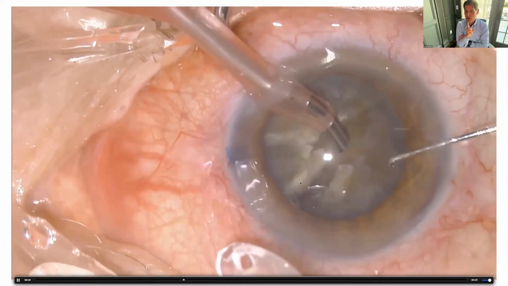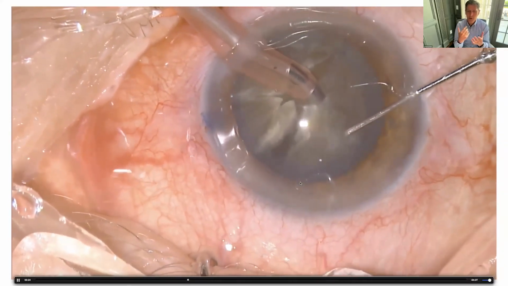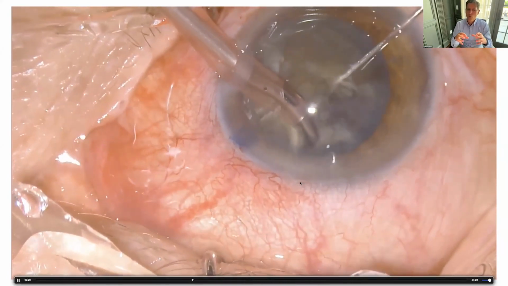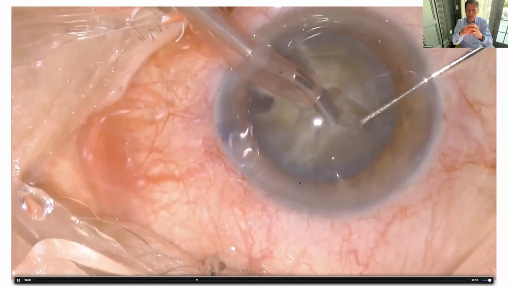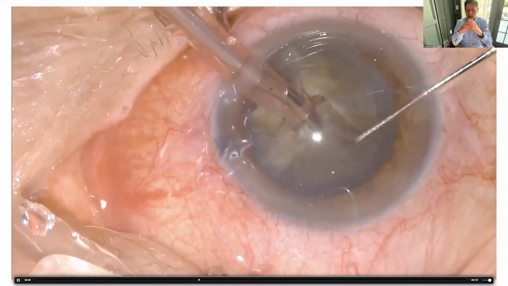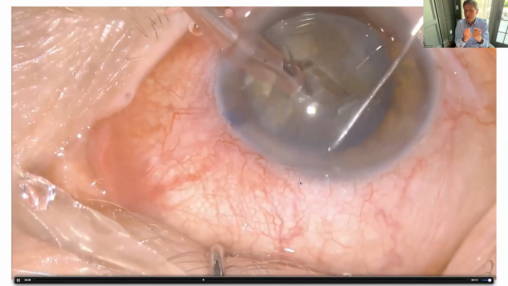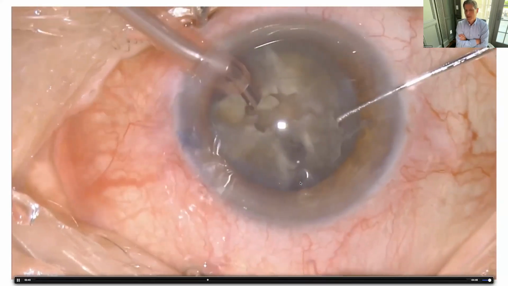It's very important not to use torsional, just longitudinal ultrasound, if some of you have torsional available, because we don't want to create a big hole. We just want to create a small hole that covers the phaco tip, so we have good holding power and are able to chop it very slowly.